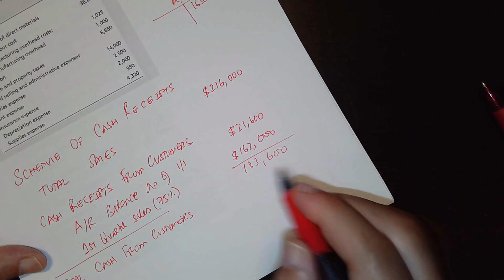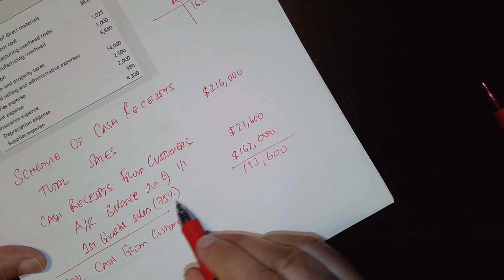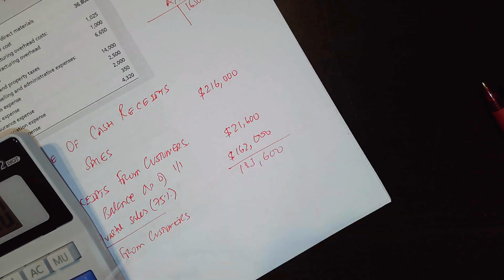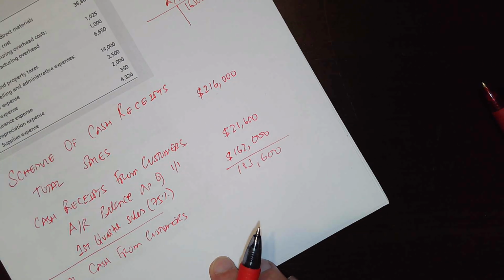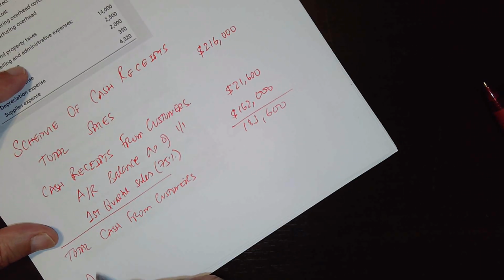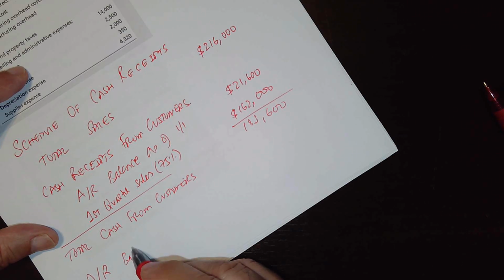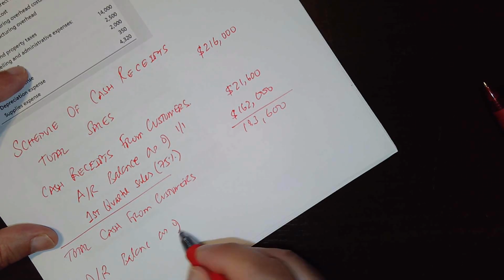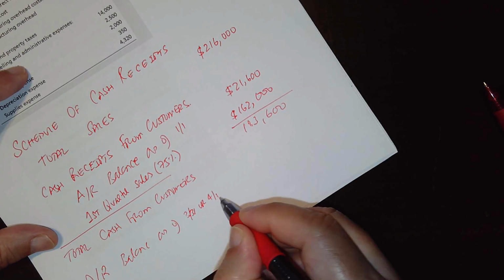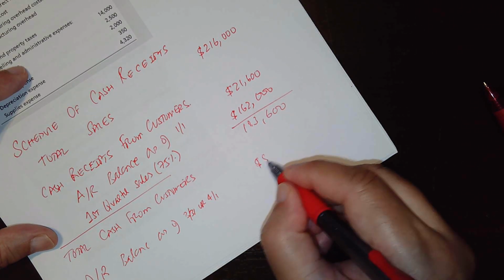And then the remaining: we received 162,000 out of 216,000, so 54,000 is not yet received. So the accounts receivable balance as of March 31st, or April 1st, which is the same thing, will be $54,000.